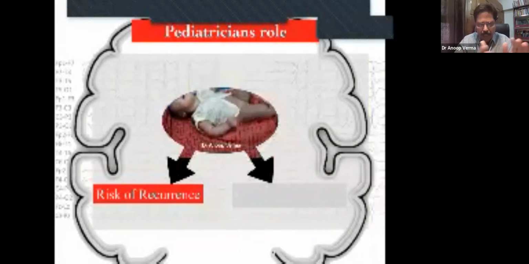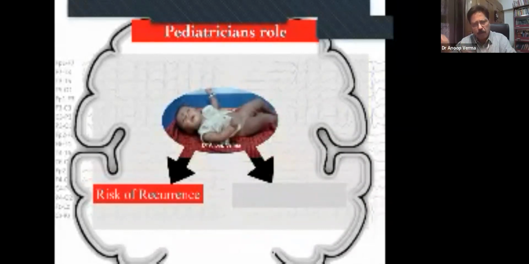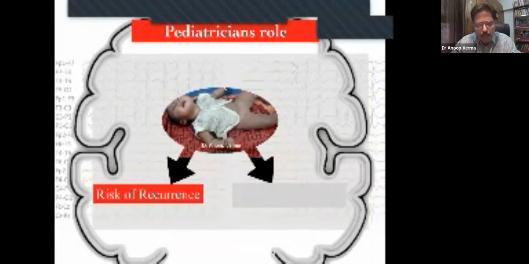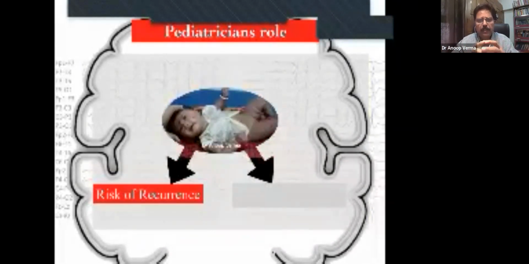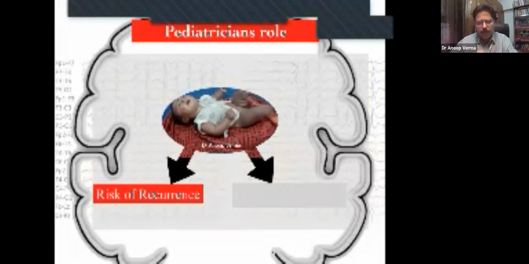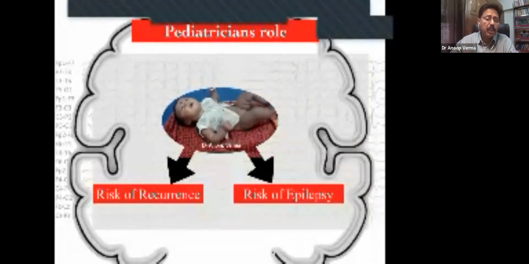Definitely by the history, it is a simple febrile seizure. Though the family history is there, there is no neurological deficit and no other problem except high-grade fever and a convulsion. Also, a second important thing is to assess the risk of epilepsy in this patient.